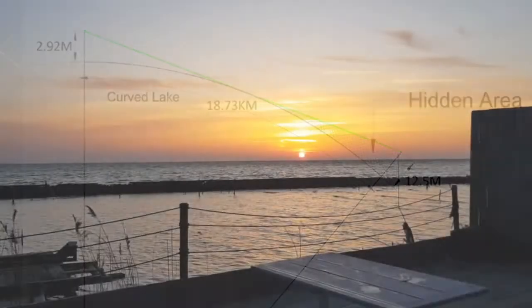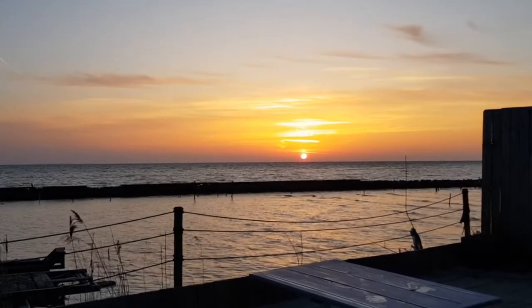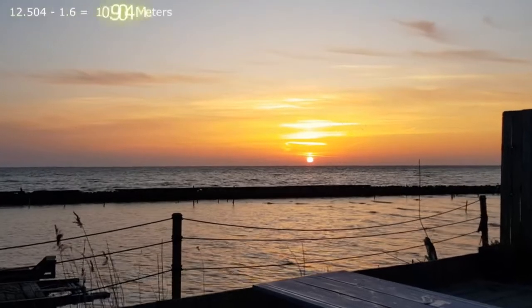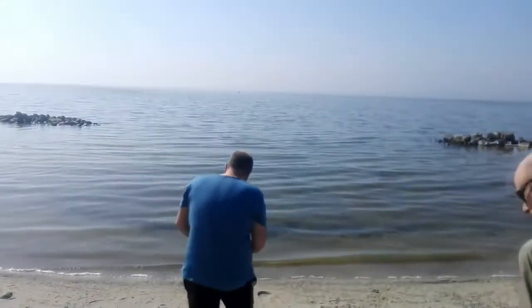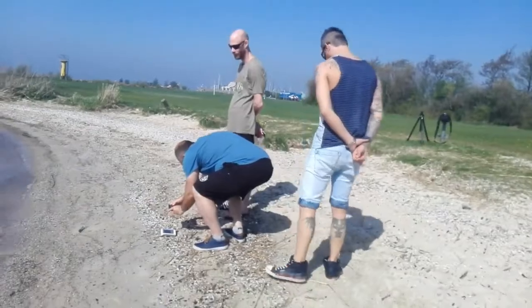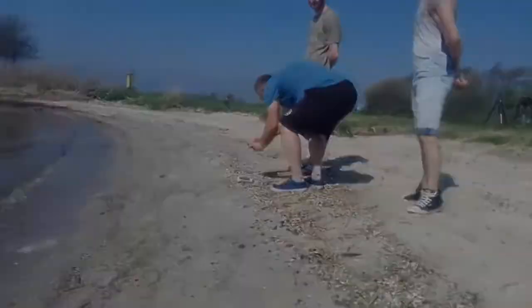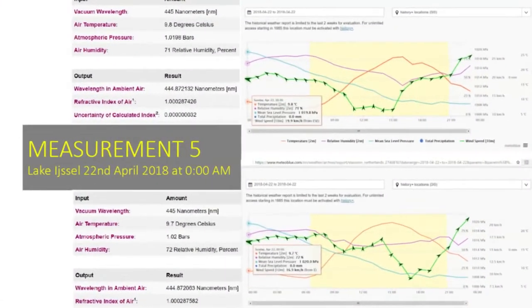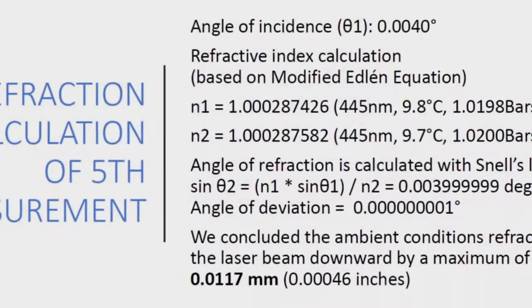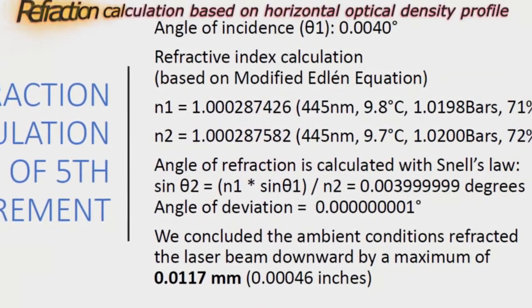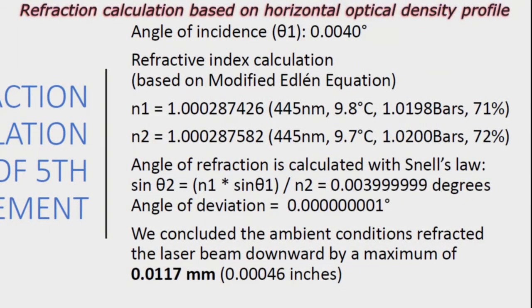For measurement 5, the WGS-84 mathematical construct differed by 10.904 meters, which meant 85% of the target hidden height was visible. FE Corps examined the effects of refraction through the gradients in the air by adjusting the beam vertically. It was concluded that with the present ambient conditions at measurement 5, the beam was refracted downward by a maximum of 1/100th of a millimeter.